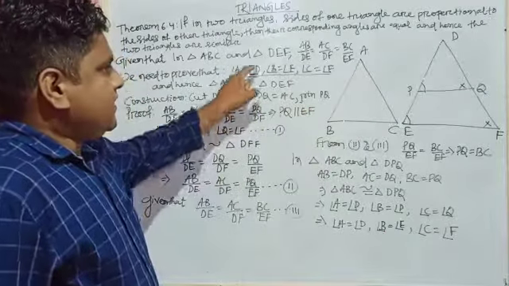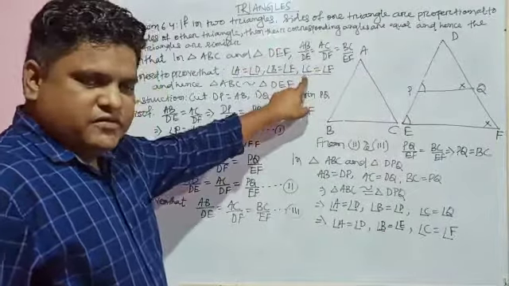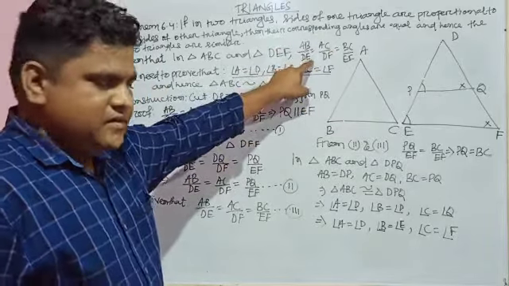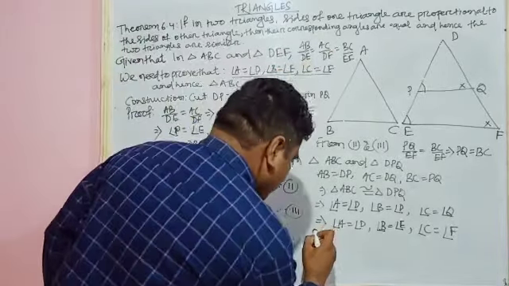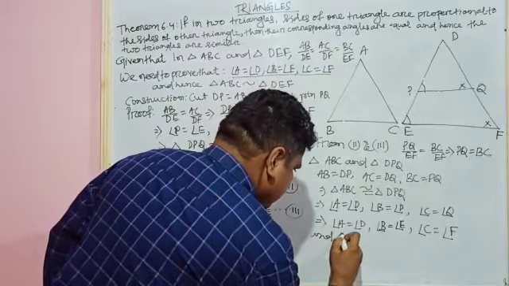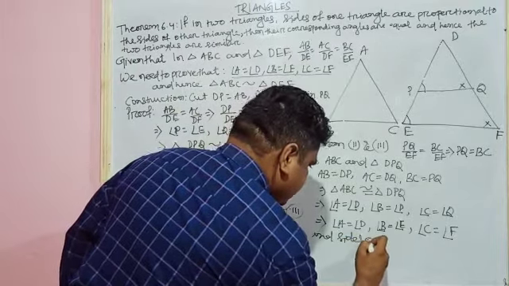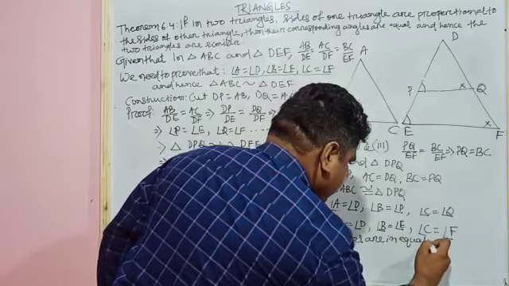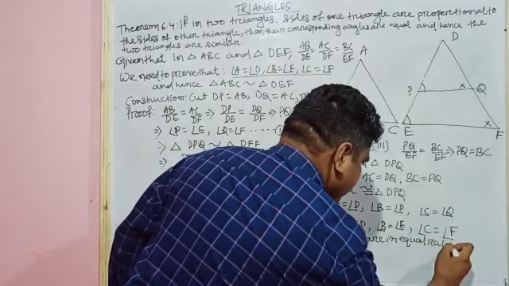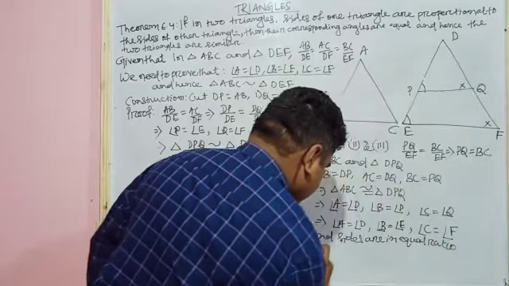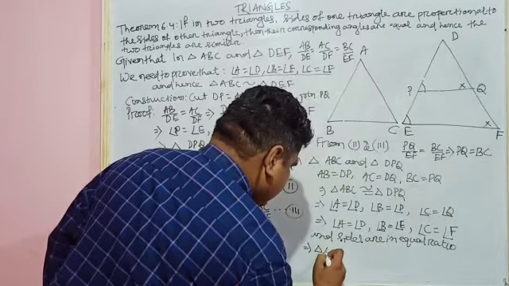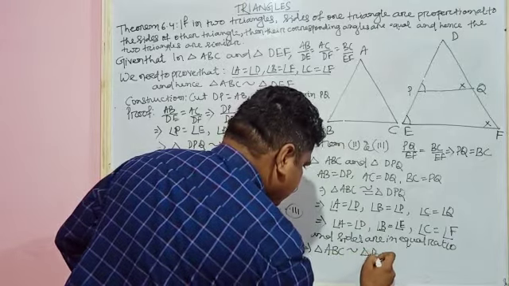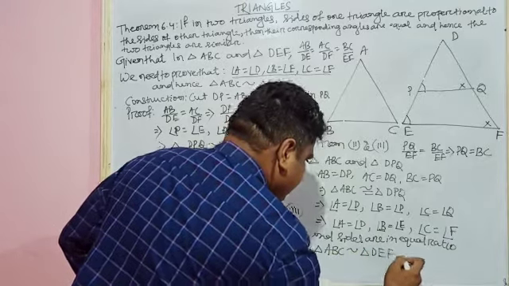The corresponding angles are equal, it is proved, and given that the sides are in equal ratio, this implies that triangle ABC must be similar to triangle DEF.